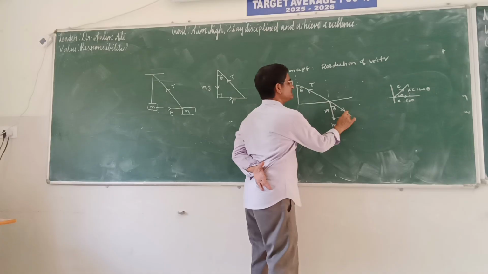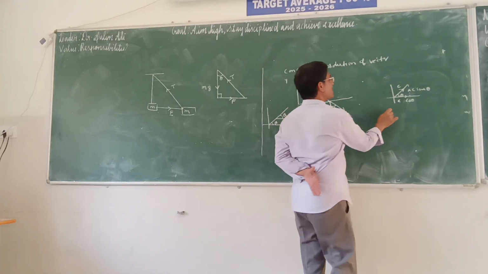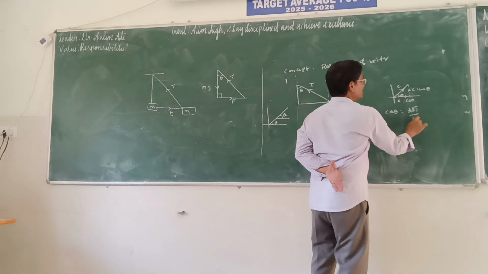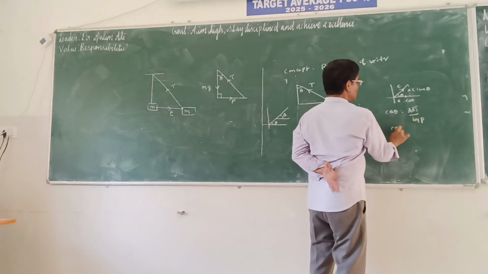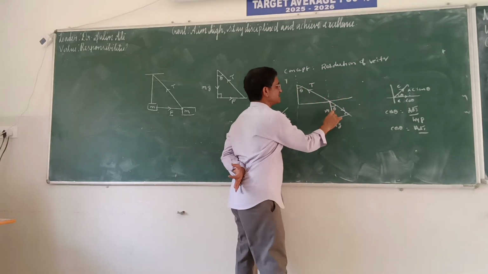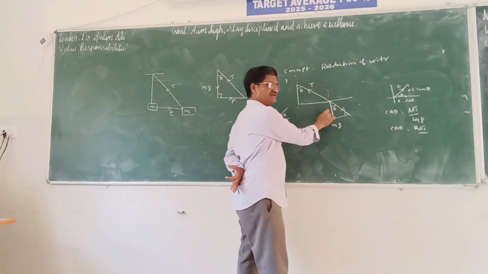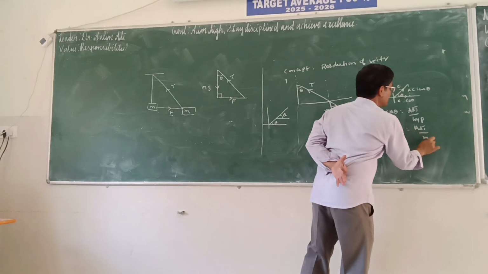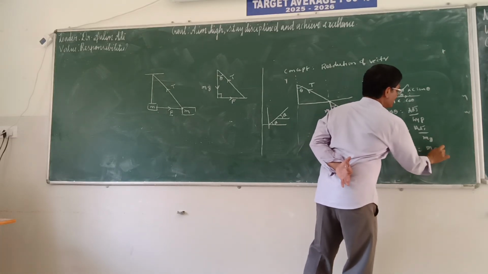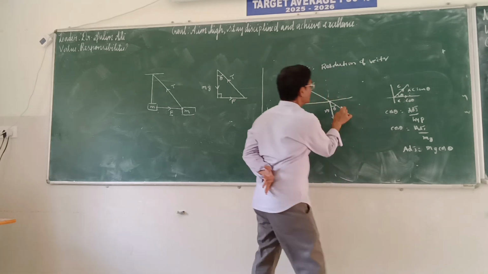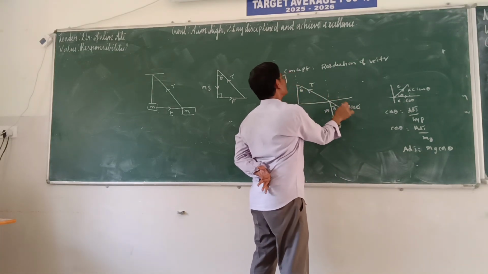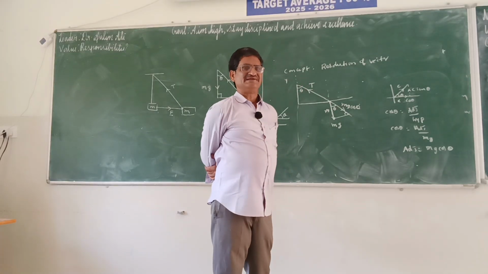For the adjacent side, what is cos theta? Cos theta is equal to adjacent side by hypotenuse. This is the hypotenuse, and its value is Mg. So the adjacent side is equal to Mg cos theta. So this Mg cos theta balances tension.